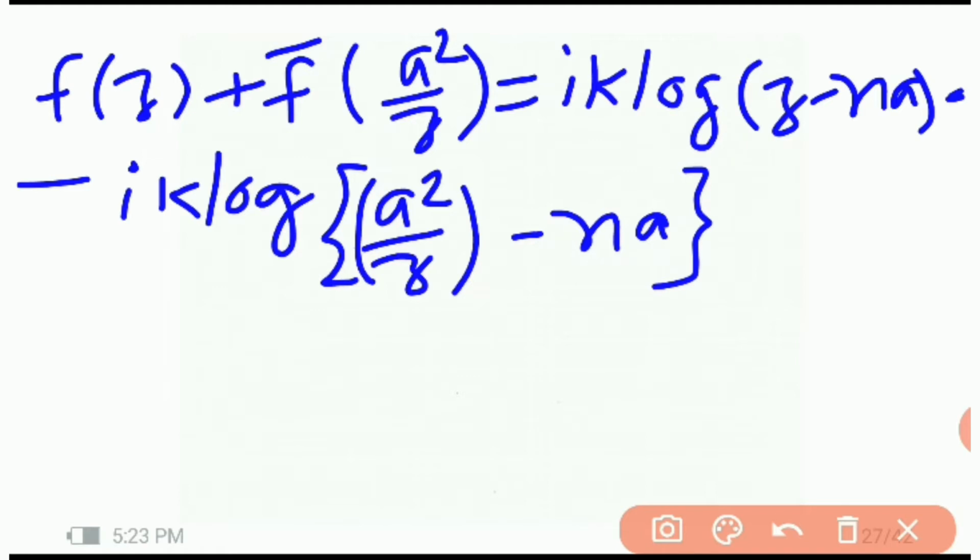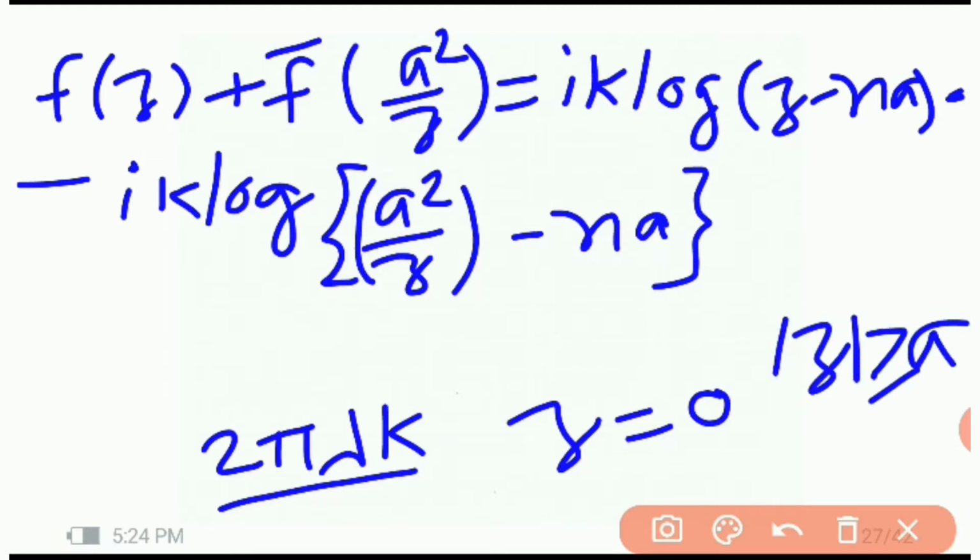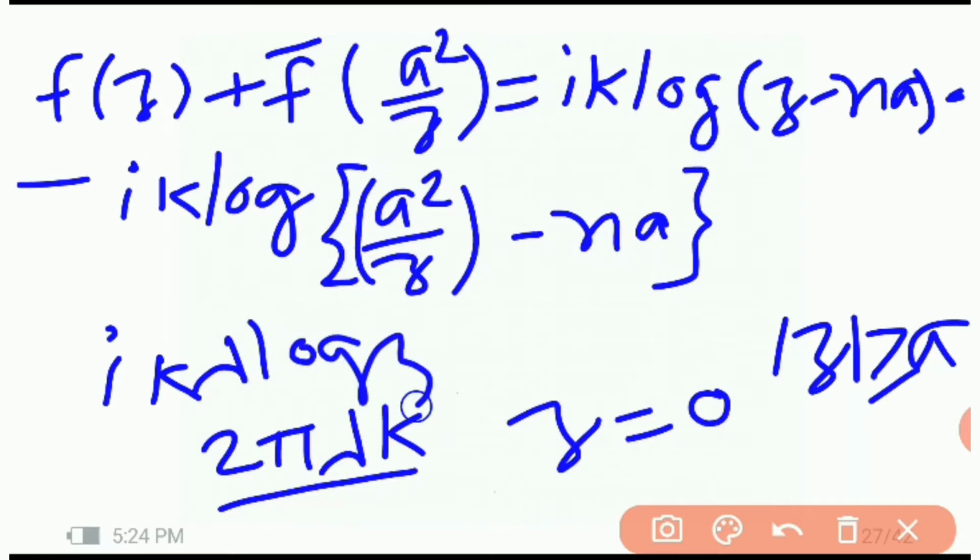In addition, there is a circulation 2πλk around the cylinder, which can be ascribed to a line vortex through z = 0 of strength 2πλk, giving a contribution to the velocity potential in the region |z| ≥ a of iλk log z.